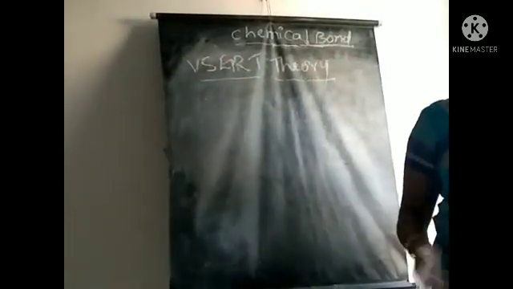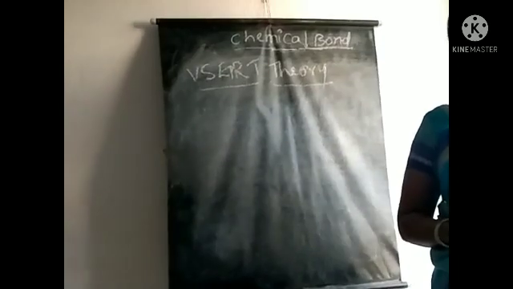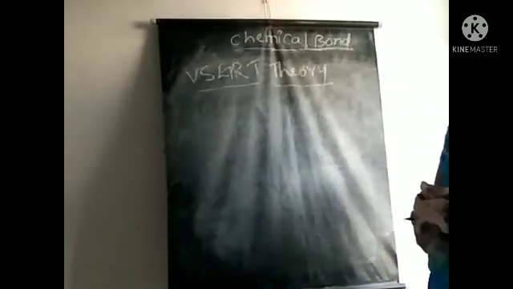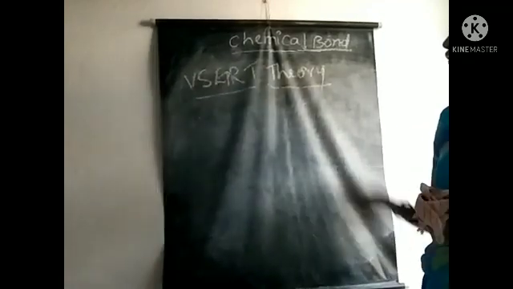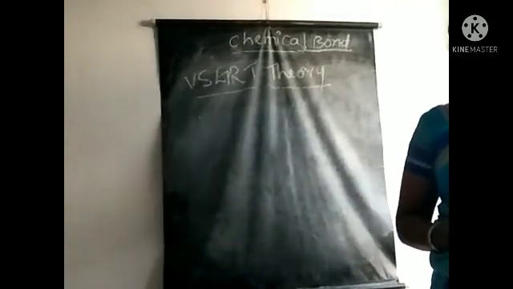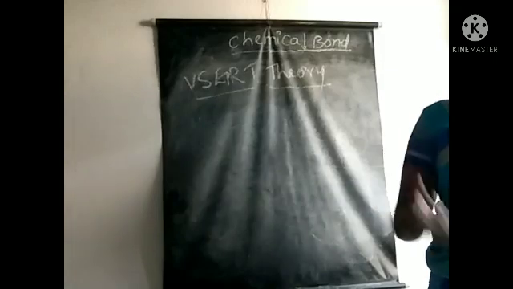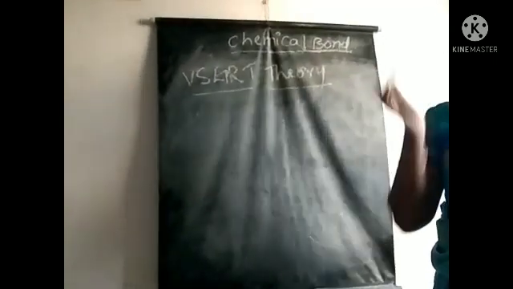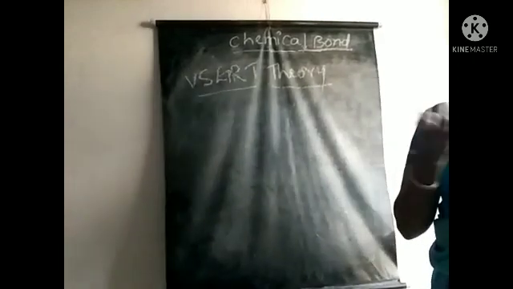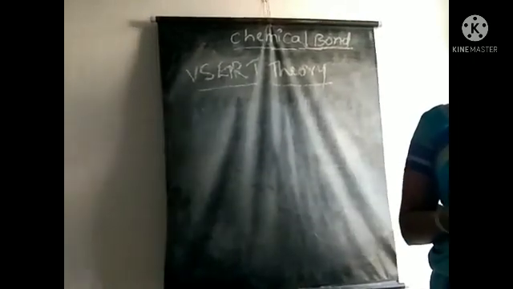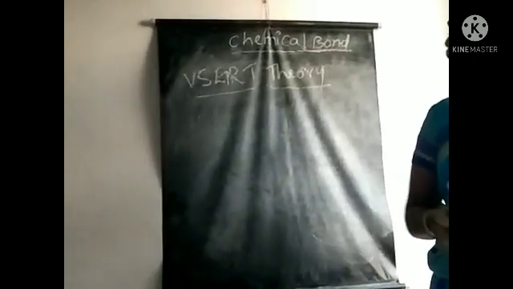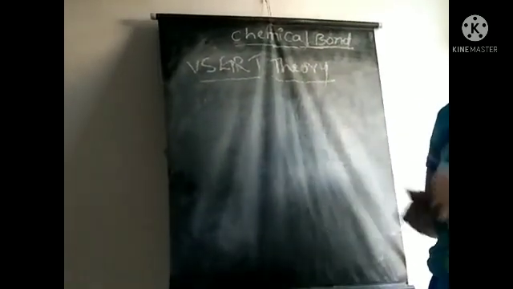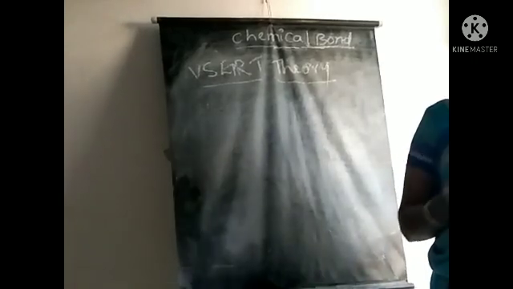For explaining the shapes and bond angles of molecules, VSEPR theory is used. Here, bonding takes place in covalent bonds between 2, 3 or more atoms. Due to the repulsion of lone pair electrons, the shape of the molecules is changed. That's why the bond angle is changed.